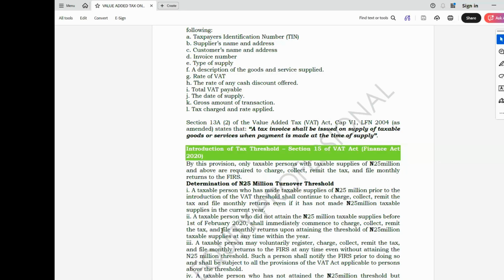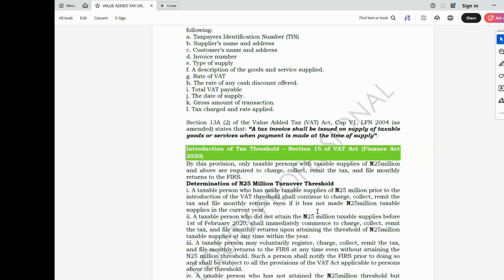If as at February 2020, the taxpayer is yet to get to a threshold of 25 million. Let's say in 2019, your total taxable supply from January to December is just 18 million or 20 million.